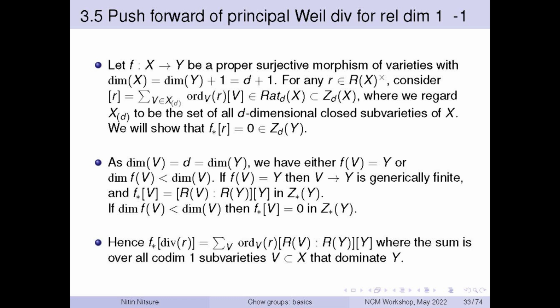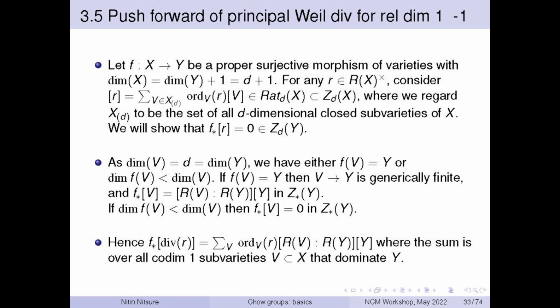If it maps down to something even smaller, it's not going to get counted. So if the dimension is the same, then V to Y is generically finite of some degree. And so the coefficient of Y coming from this V is going to be this. And if the dimension is less, then this is 0.